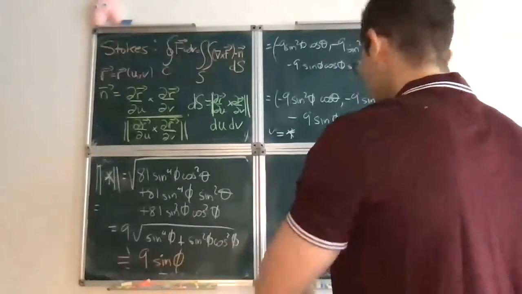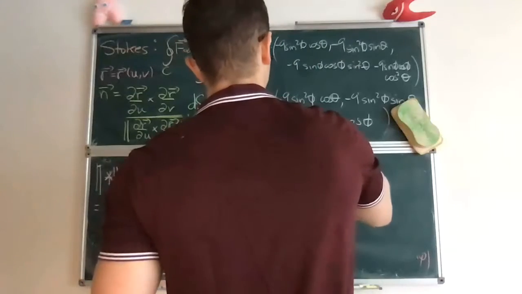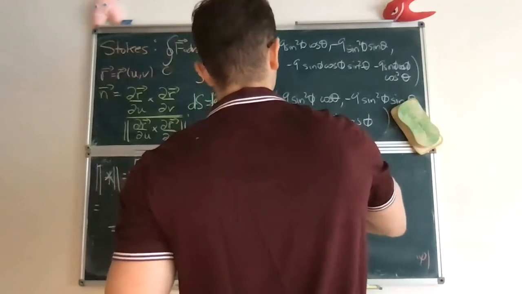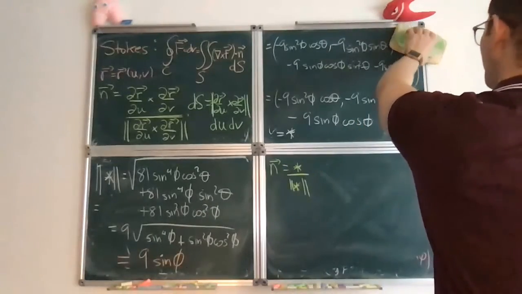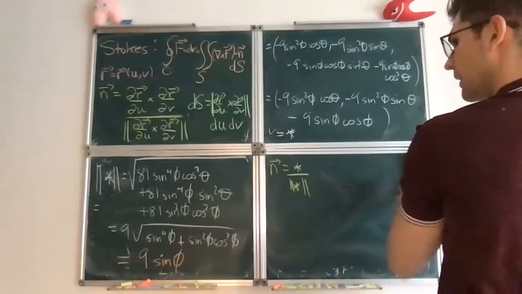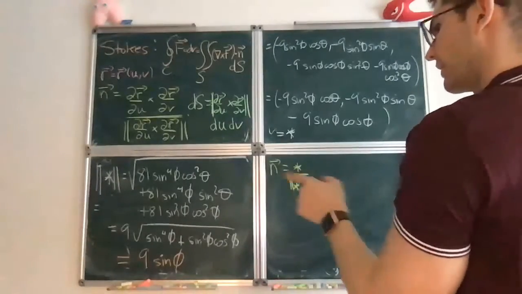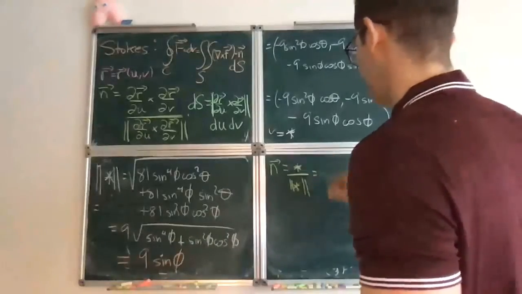So the unit normal vector is the cross product divided by its norm. Okay, I have to remember which was the vector field, but I'll check it on my iPad in a second.